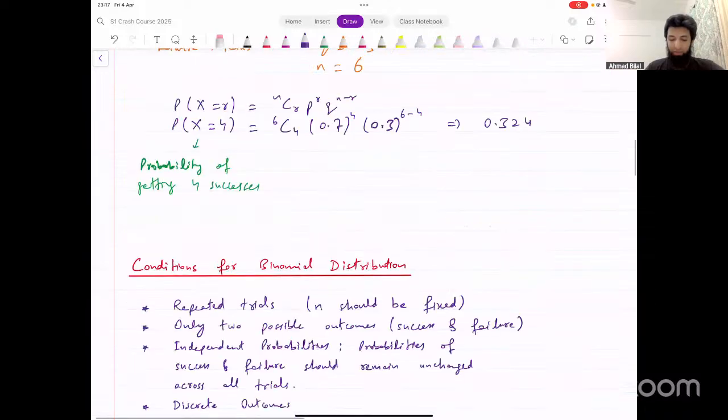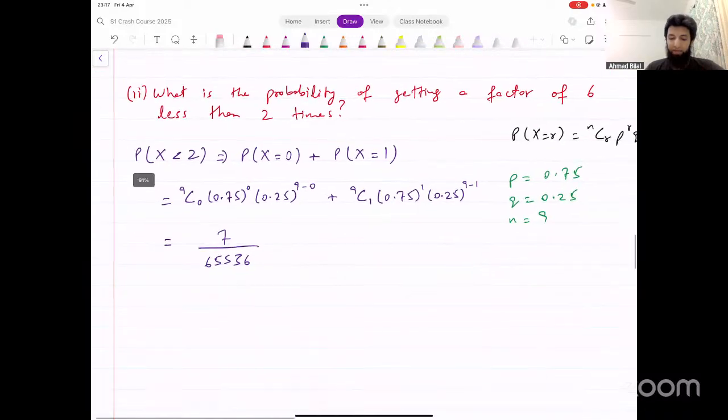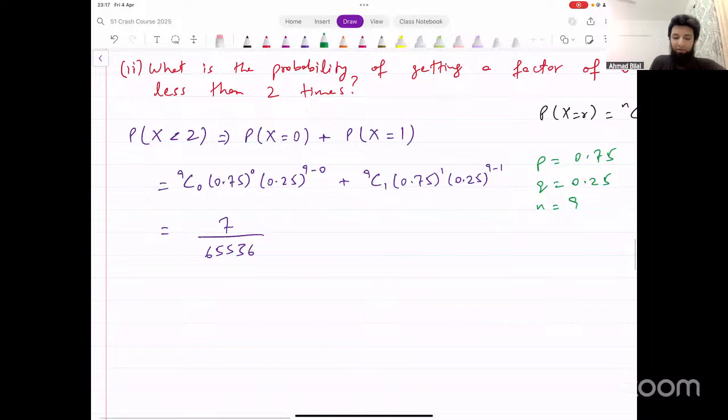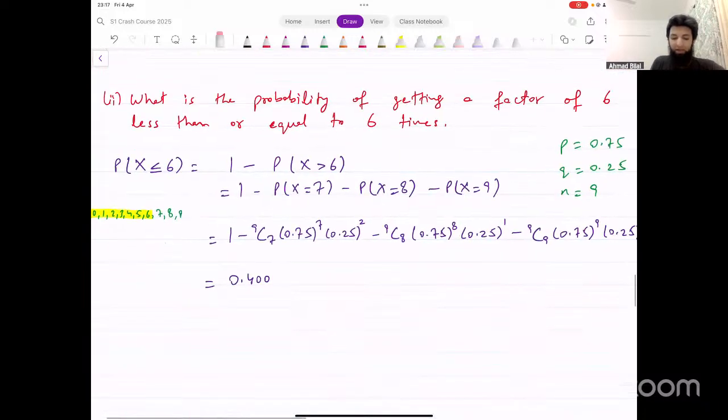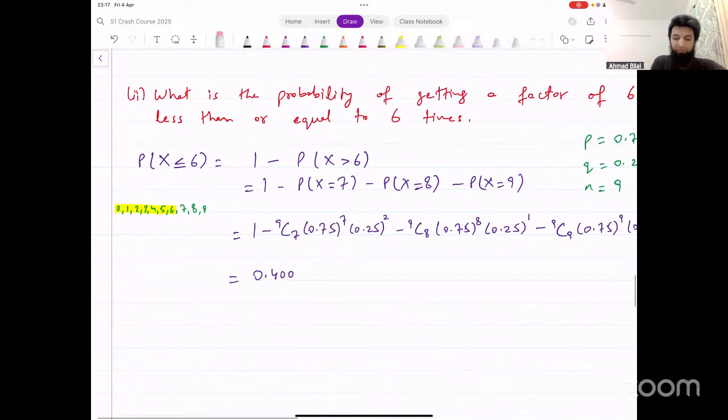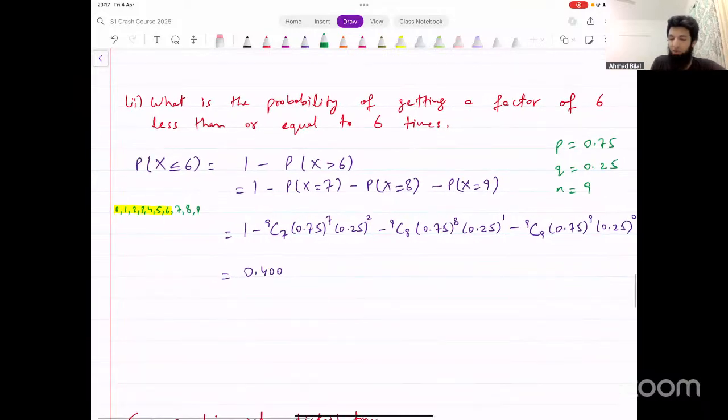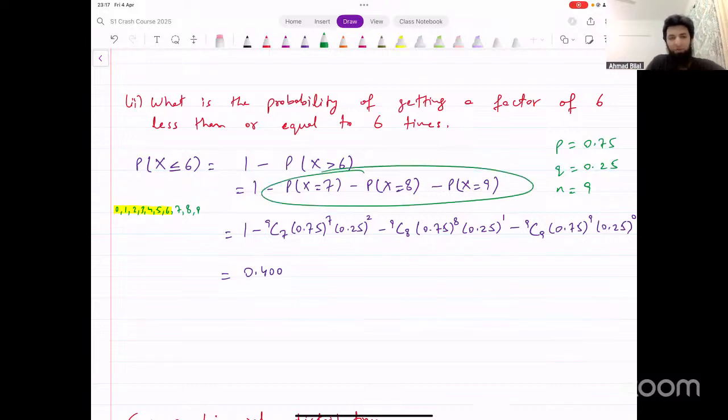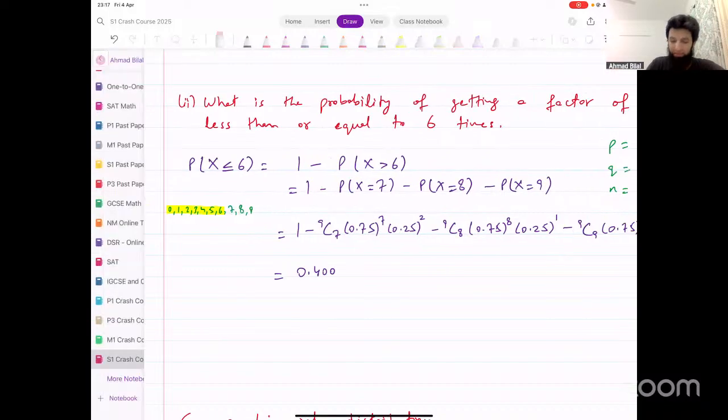So for example, when we did probability of x less than 2, we said, okay, less than 2 are two possibilities, 0 or 1. We find their probabilities and then add them up together. Then we had x less than or equal to 6. We could either add 0, 1, 2, 3, 4, 5, 6, or in this case, the total number was 9. So we said, okay, just subtract from 1 these 3 cases. So we had a finite number. We could calculate those probabilities like this.